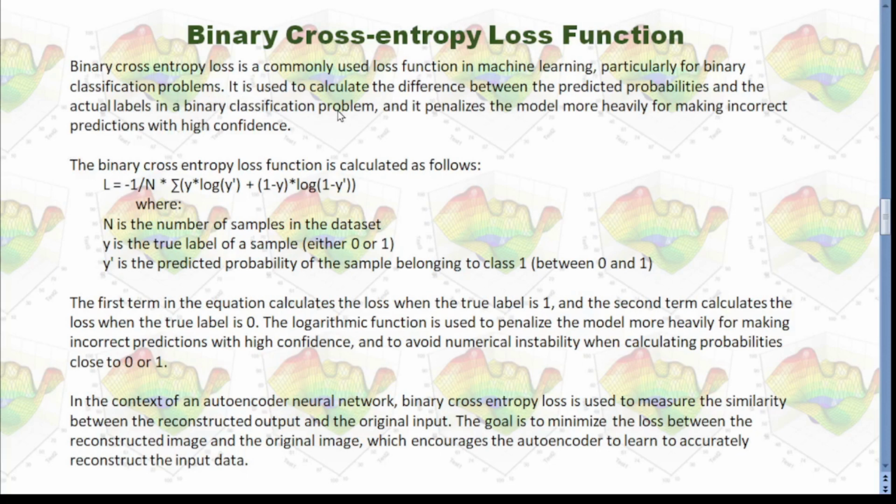It is used to calculate the difference between the predicted probabilities and the actual labels in a binary classification problem, and it penalizes the model more heavily for making incorrect predictions with high confidence.